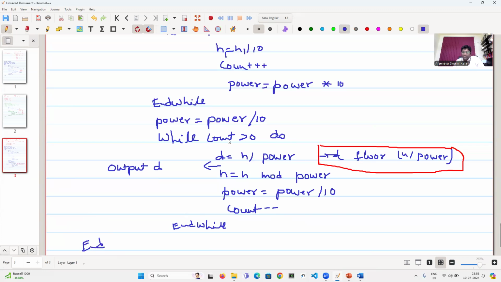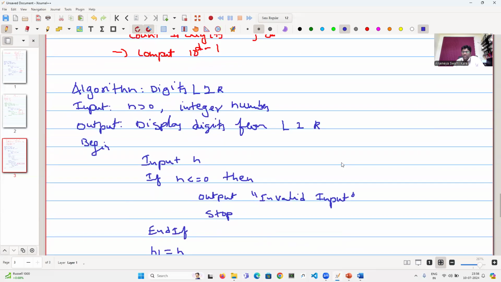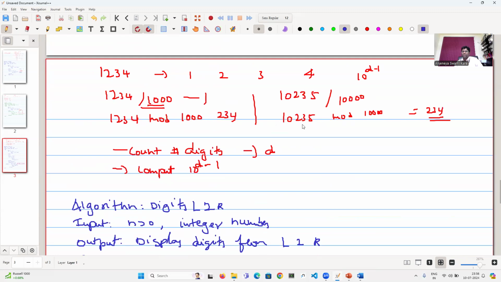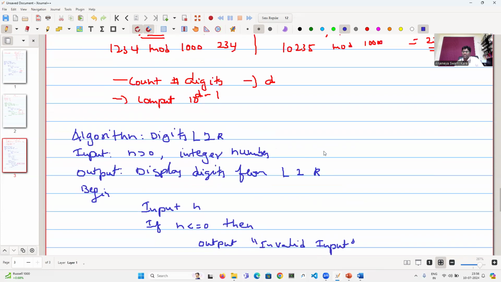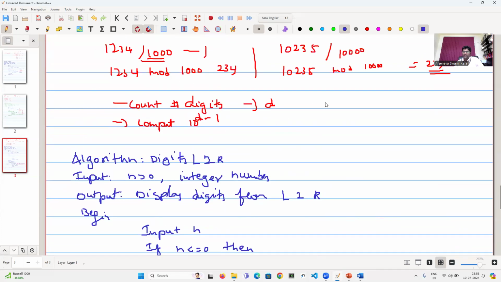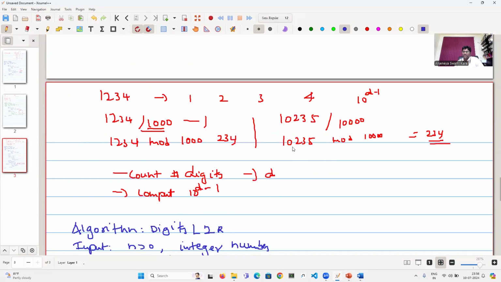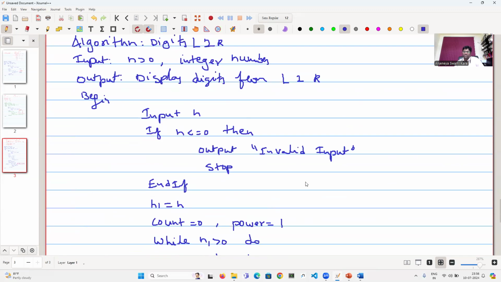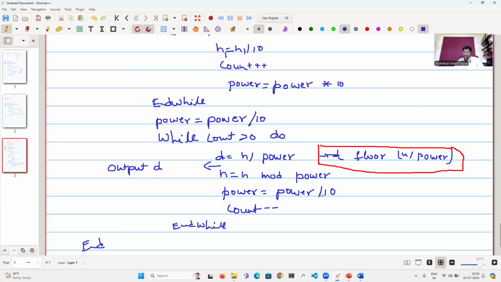This way, this loop runs for d times. So when you have a number like 1024 or 10235, when you get to the zero, I think the original algorithm works fine. So this runs d times because we want to display all the digits, zero also. That's why we are running this iteration for d times.